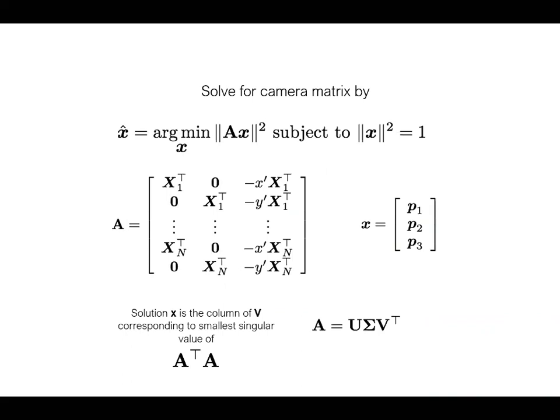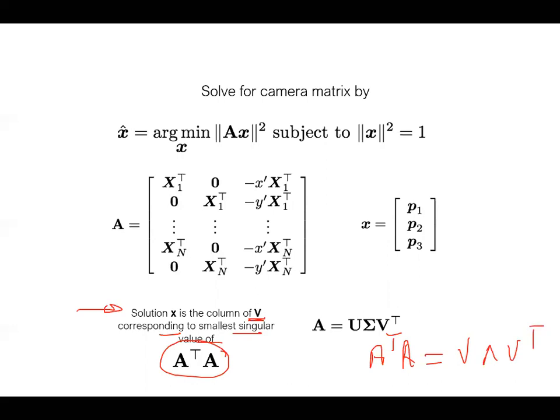How can we do that? We have spent a considerable amount of time reviewing that lecture, in which, in order to get something like that, we derived a particular way to do this. But at the end, I'm telling you that the solution for that x is the column of V corresponding to the smallest singular value of A transpose A, because we have already proved that A transpose A is V, let's say, times the diagonal matrix times V transpose.